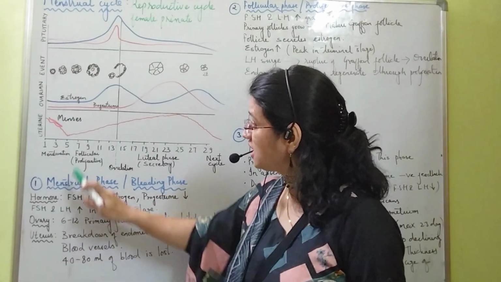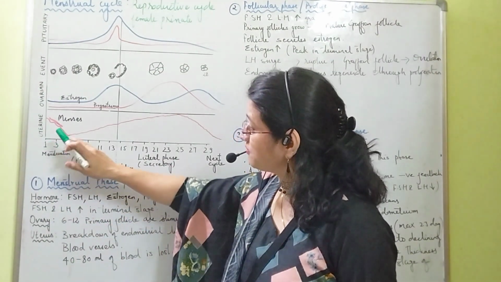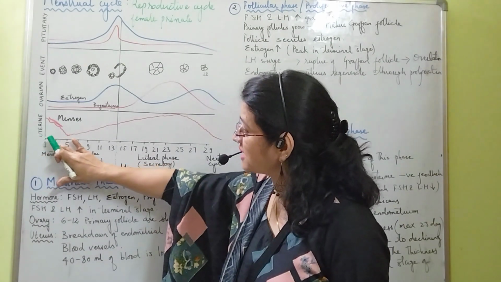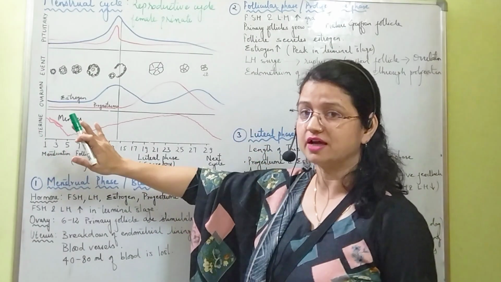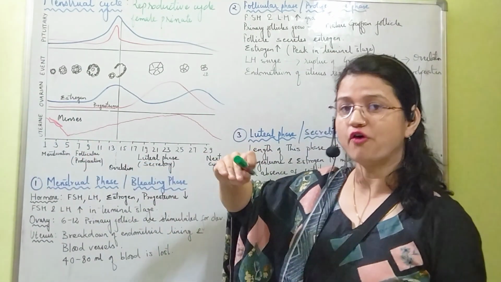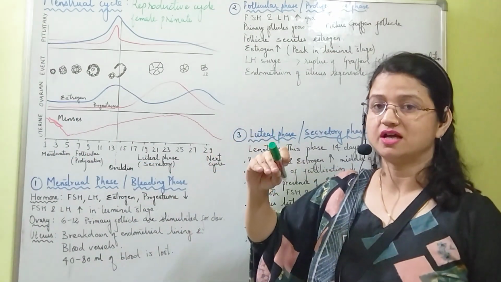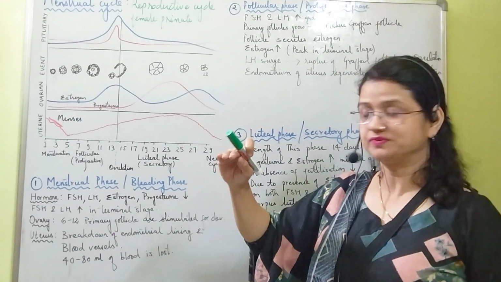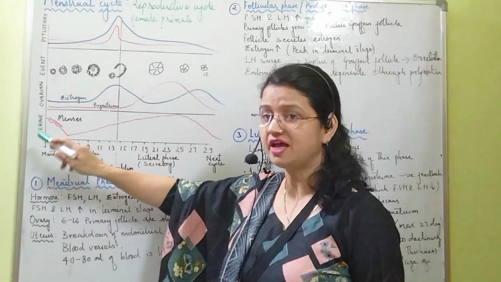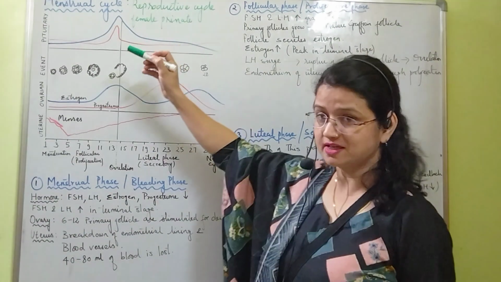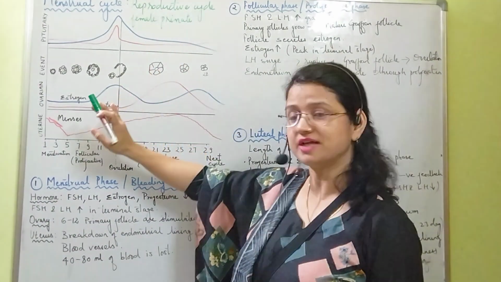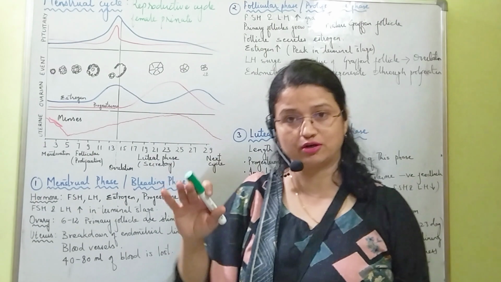Now what happens when the cycle comes to its terminal stage, around the 4th or 5th day? Initially, on the first day, the level of FSH, LH, estrogen and progesterone is very low.